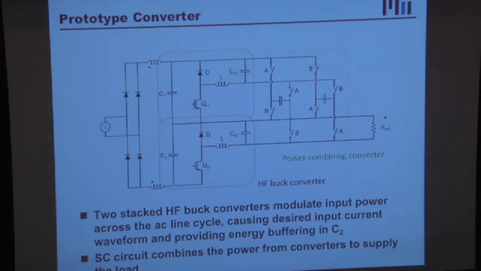So this is what the overall circuit looks like, okay? These two resonant transition inverted buck converters each only run at roughly half the full system voltage, and they can run at very high frequency. And then I'm going to take the output power of one of these and use a switched capacitor circuit to transfer it to the net output, the single output of the whole converter, okay?